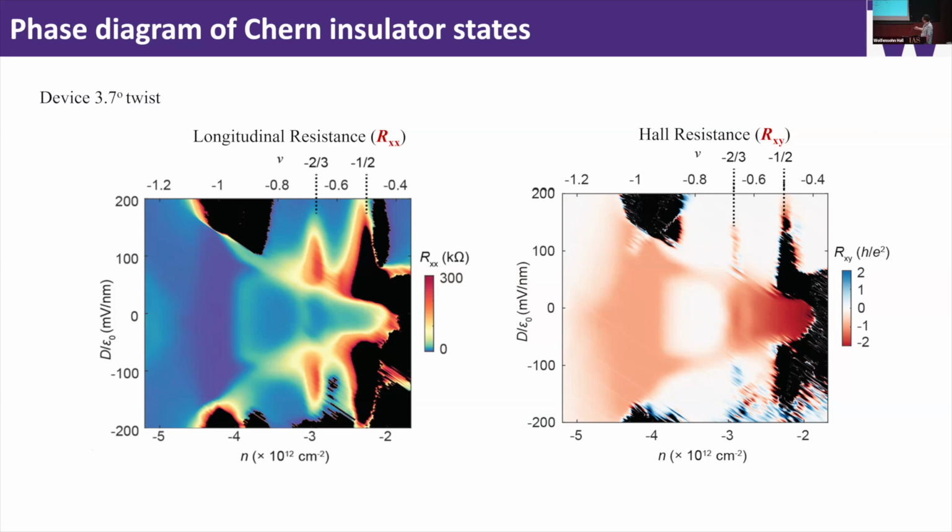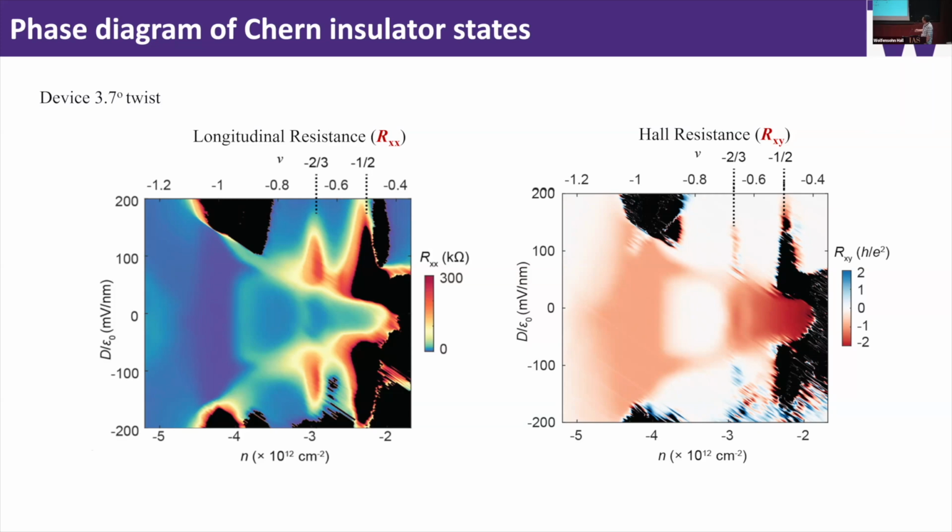The second phase space I would like you to pay attention to is the filling factor -2/3. Again, near zero electric field, you have the pocket with suppressed Rxx. Correspondingly, we have Rxy, which is quantized at 3/2 of h/e squared. So this phase space corresponds to the fractional Chern insulator state.